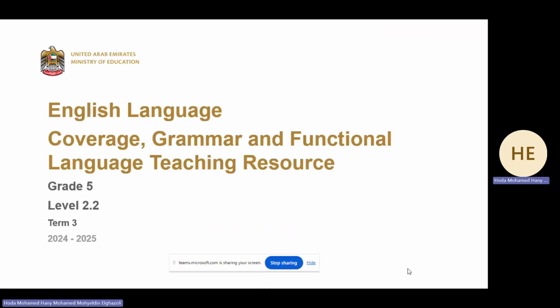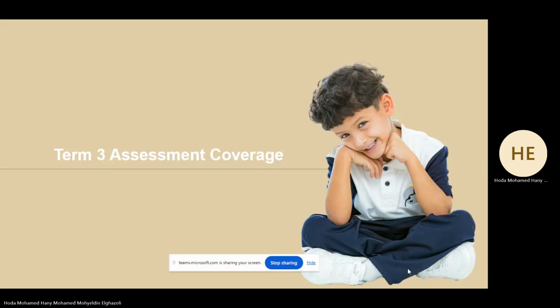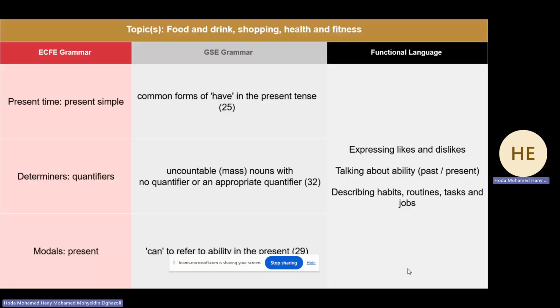Let's focus more on grammar and functional language coverage. As we discussed earlier, the grammar would contain present simple using have and has in the present tense, and determiners, a and an articles, and quantifiers used with uncountable nouns.